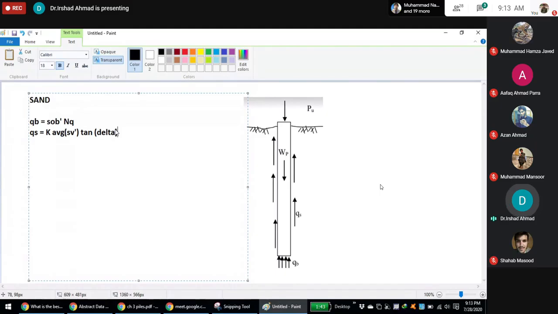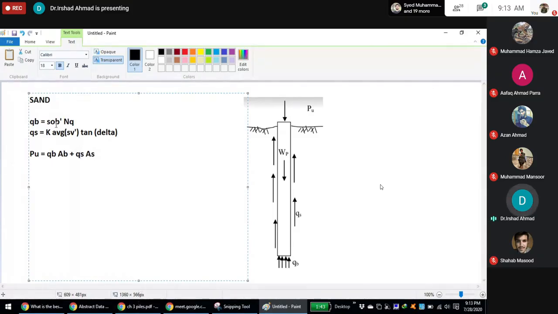Using these two equations, you can find QB and QS, and then you can find ultimate capacity. Like PU would be equal to QB into AB plus QS into AS, right? So before going to solve a problem on this, I want to make a statement here.